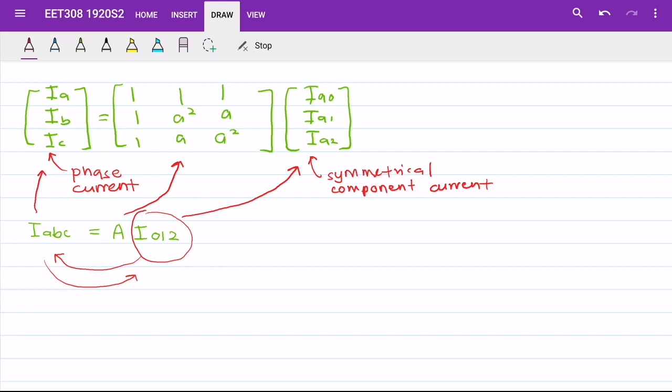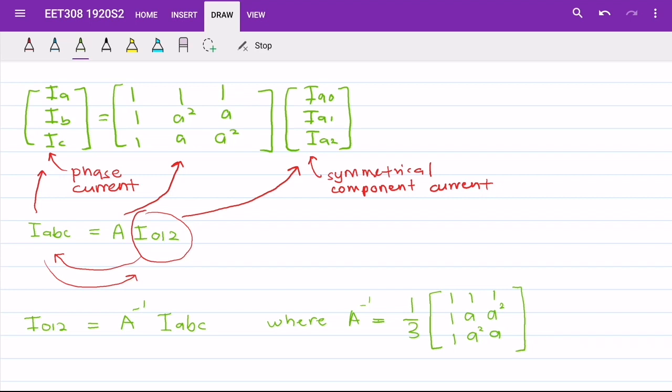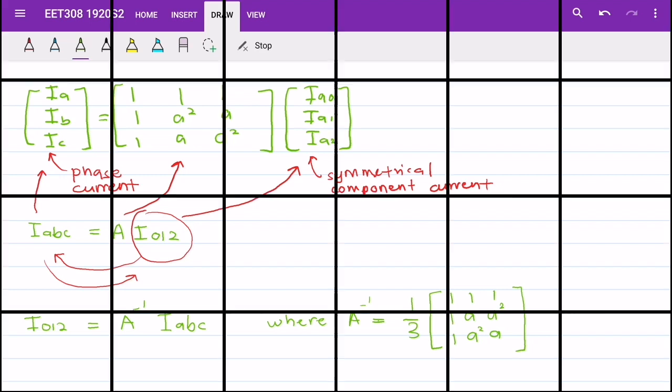So the equation becomes I012 equals A inverse times IABC, where the value of matrix A inverse is equal to 1 over 3 and the matrix is 1, 1, 1, 1, A, A power of 2, 1, A power of 2, A. This is the value for A inverse.